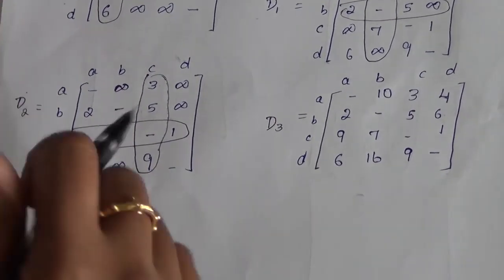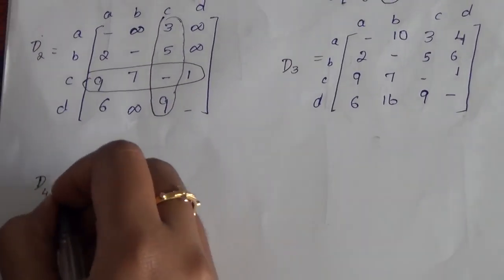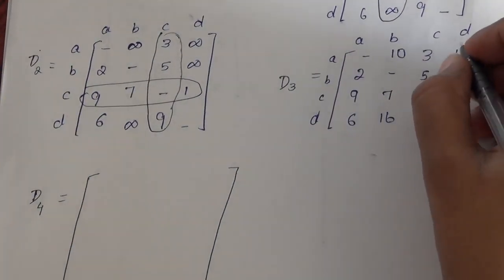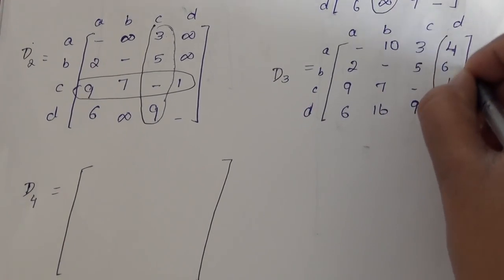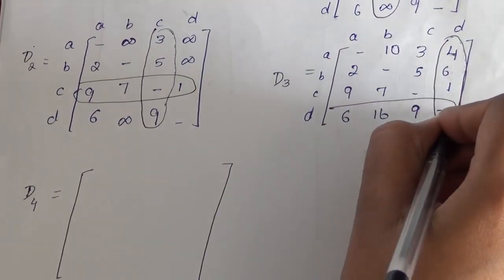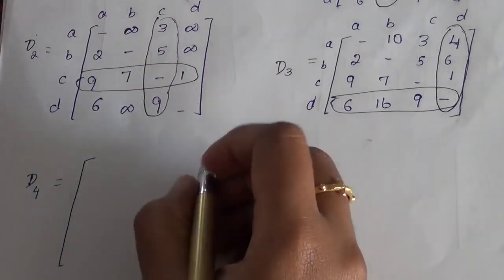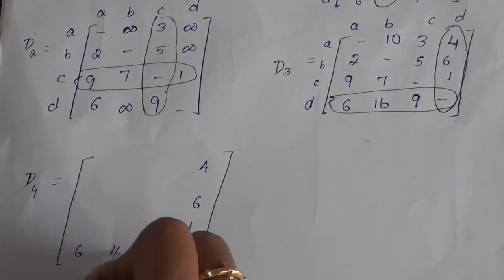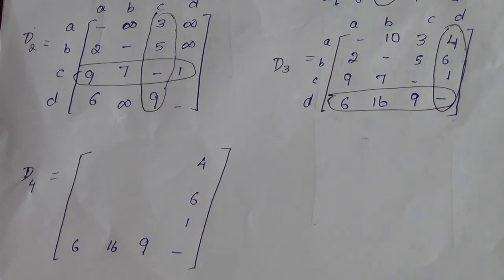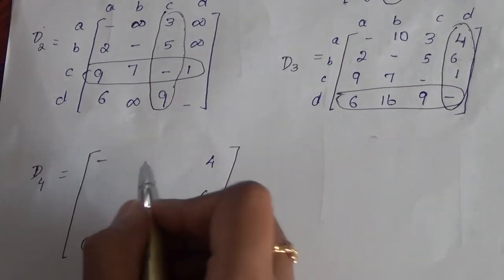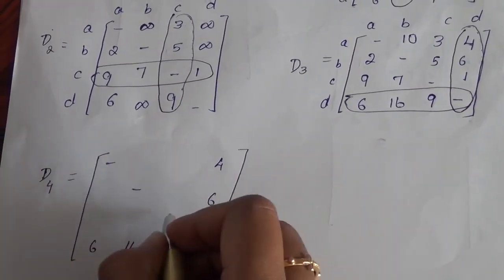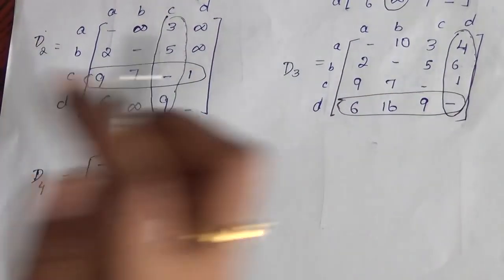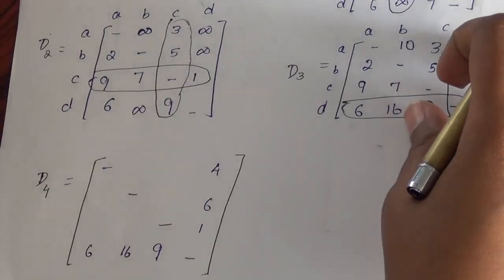Now let's go to the construction of the D4 matrix. For the D4 matrix, we have to select the fourth row and the fourth column. We will write it as it is, and fill the rest of the values using the formula. So for A to B, what we have is 10, and the new value will be 16 plus 4, which is 20.